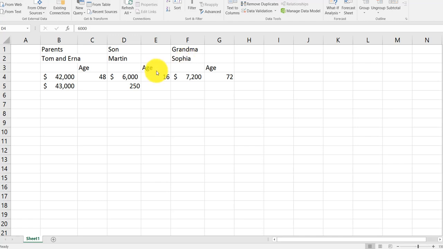So that is important to our example here. So when we go to file a tax return for these individuals, we actually have 3 separate tax returns that could be filed. So we have Tom and Erna.